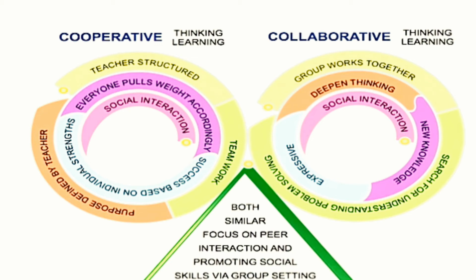The group works together and they search for understanding. This leads to problem solving. Cooperative learning is more specific, whereas collaborative learning is general. Although both lead to social interaction, in cooperative learning, the group as a whole gets the reward. But in collaborative learning, the group as well as the individual gets rewarded.